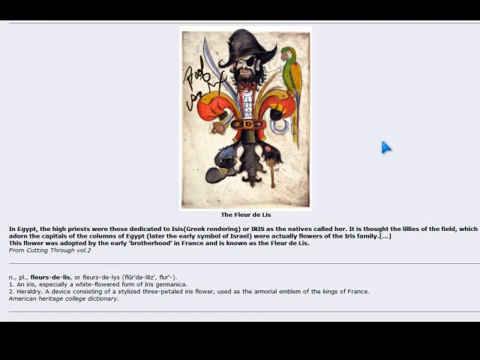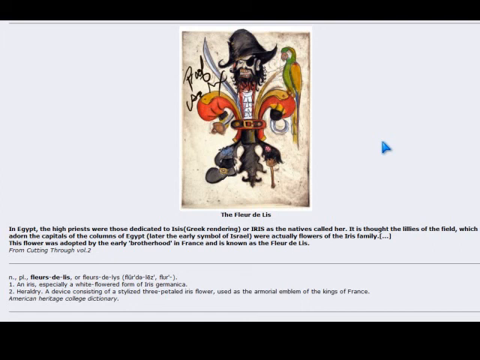This flower was adopted by the early brotherhood, meaning like Illuminati or any other so-called illuminated factions in France, and is known as the Fleur de Lis.